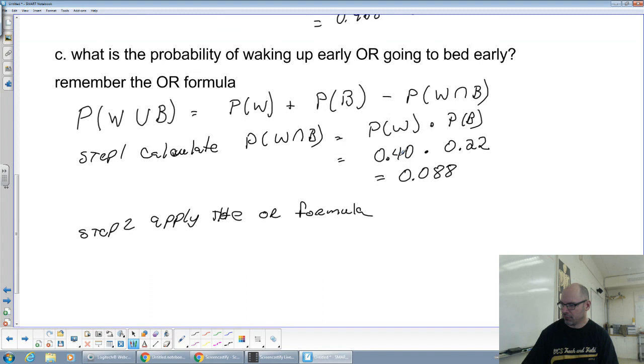I'm going to write it again, W or B. So the probability of W, that was 40%, plus the probability of B, that was 22%, minus the probability that they both occur, so the overlap.